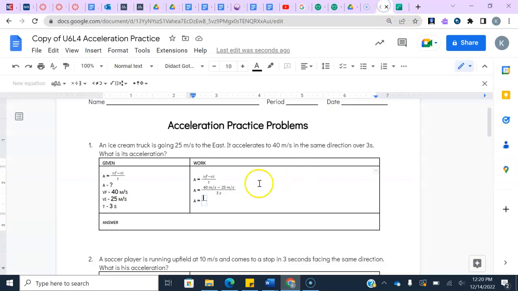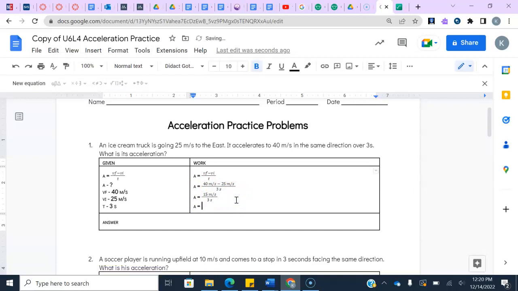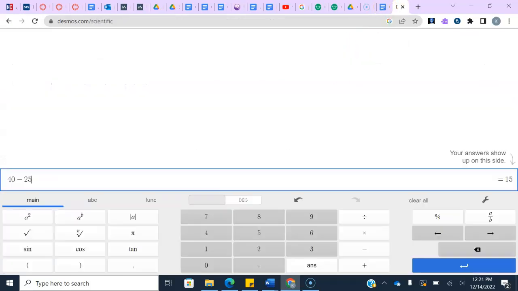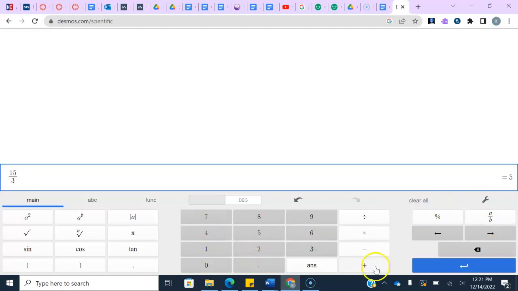Okay, so on top, I have 15 meters per second over 3 seconds. Okay, now I can simplify again, and to solve this, because now this is just a fraction problem, we're going to do 15 divided by 3. Okay, so 15 divided by 3 is equal to 5.